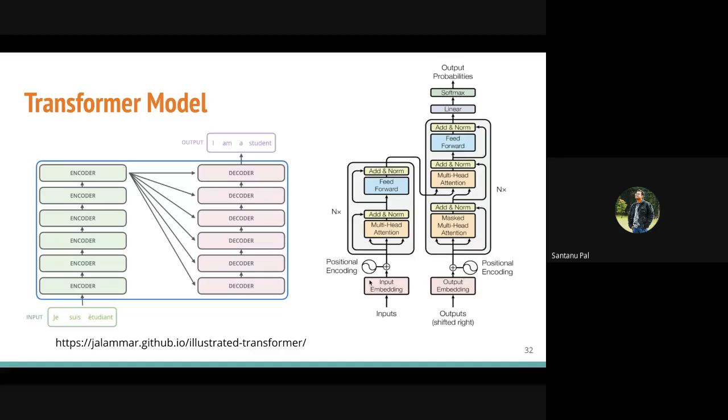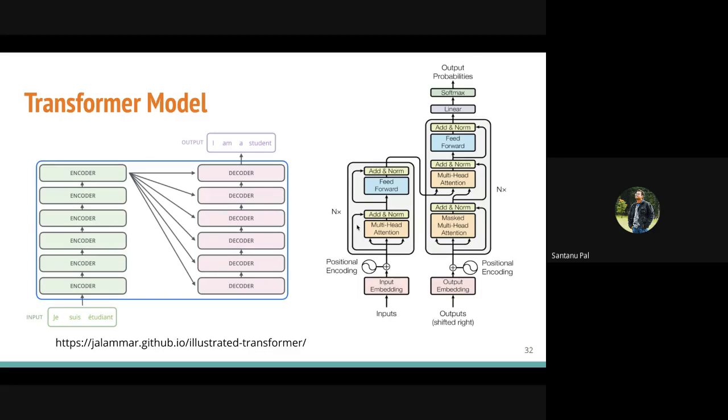So input embeddings happen, and then a positional encoding, and then the encoder, where there is a sub-layer of multi-head attention, then a feed-forward network, and then this passes information to the decoder.